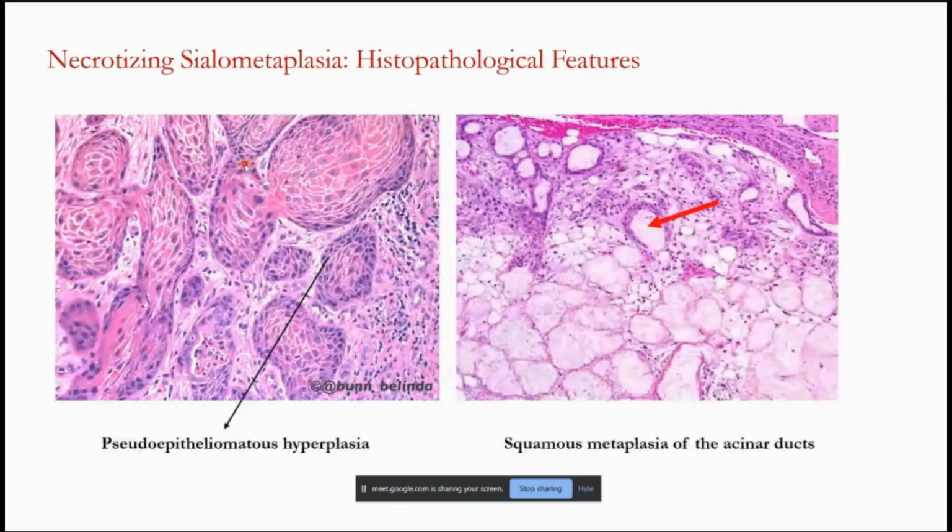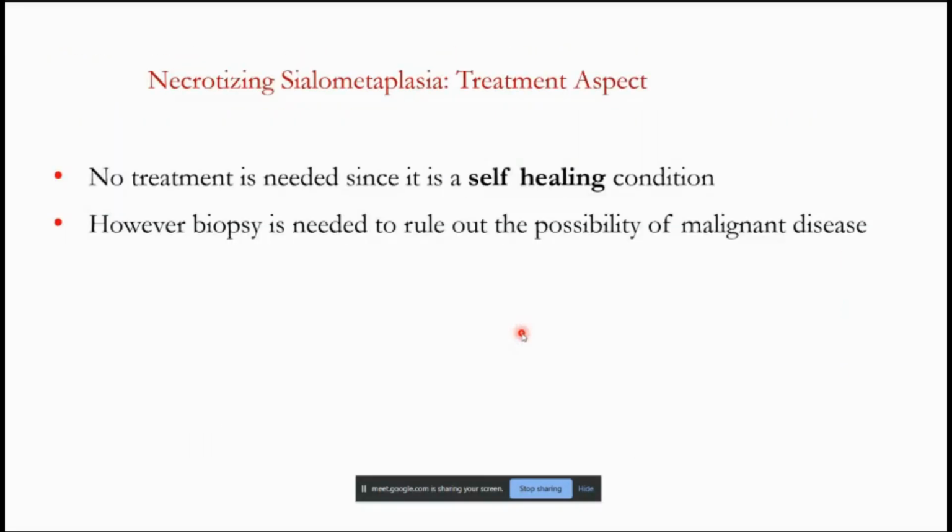And apart from that, there can be pseudoepitheliomatous hyperplasia, and some amount of squamous metaplasia is also seen. This is a beautiful picture. If you see, the lobular architecture is preserved, but inside it is showing necrosis. Okay, even here you don't really see this mucous acini, the structure of it, but around it there is a squamous metaplasia. No treatment is needed for this because it is self-healing.